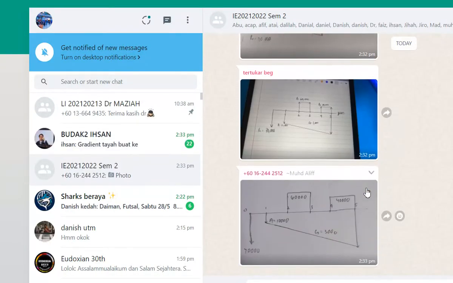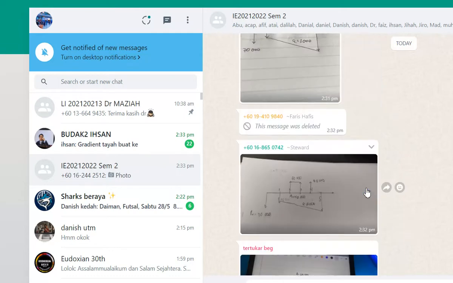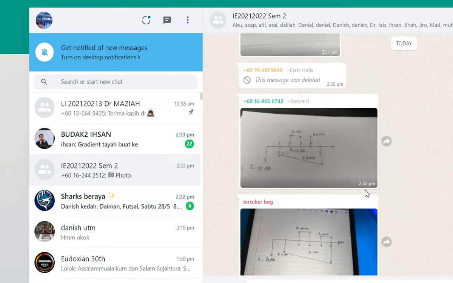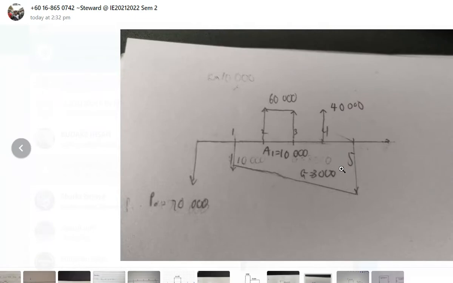Stewart, yours is wrong. For the 40,000, it does not happen only 1 year. It is stated in the question, after the third year, the income is expected to decrease, and the income after the third year is 40,000 per year.